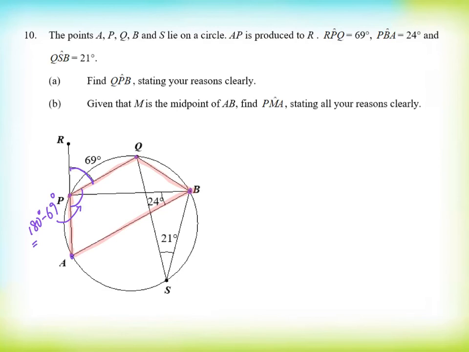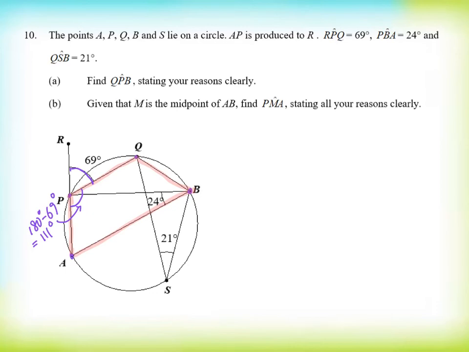I'm not sure whether I need to use it later, but probably I'll need it soon, so I just write it down first. Okay. Then they tell me that AP is being produced to R. And I have the angle 24 and the angle 21.